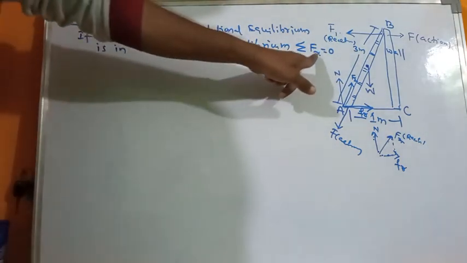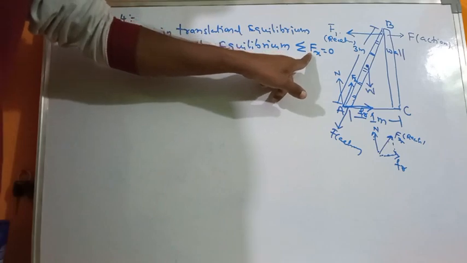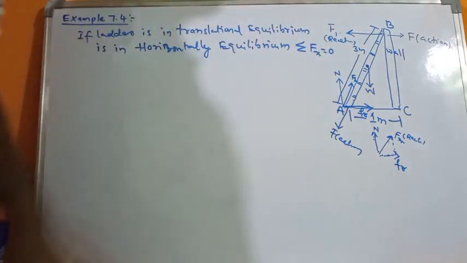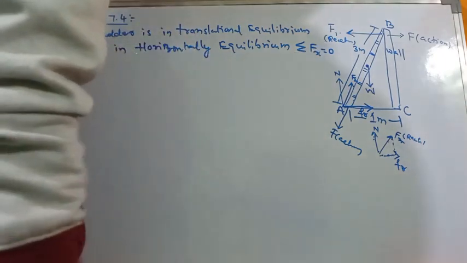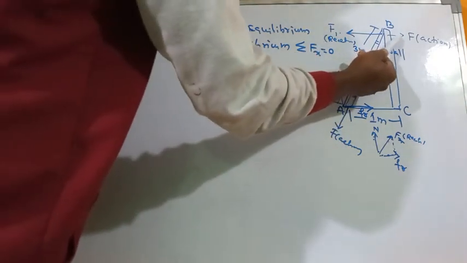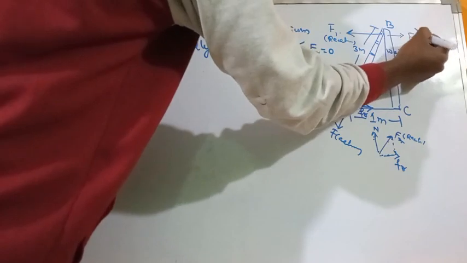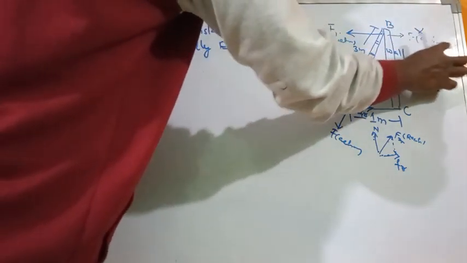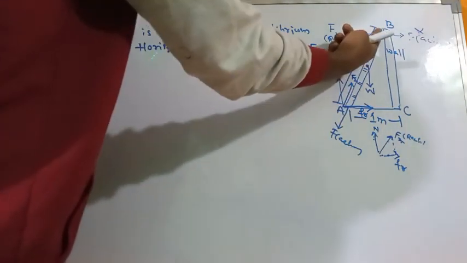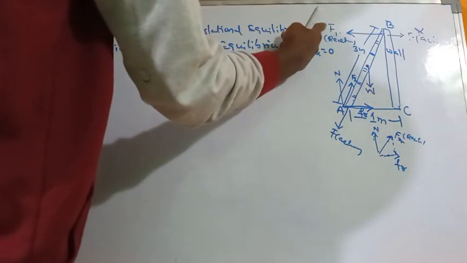Sum of all forces means all the forces along the x-axis is equal to 0. So along the x-axis, what forces are there? One is a reaction force, which is not required here. For understanding only we are mentioning it. This is not required. So the one force is F1.